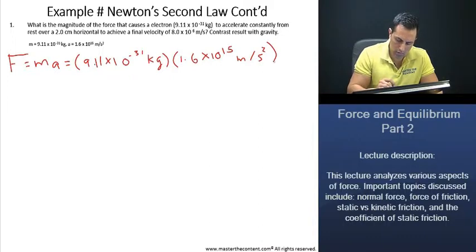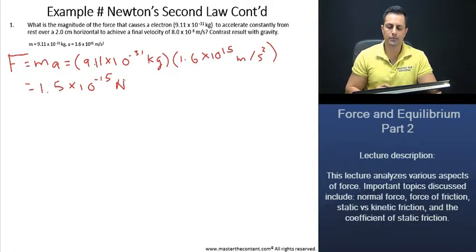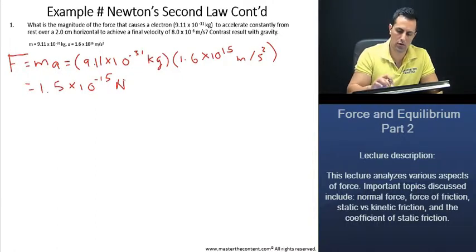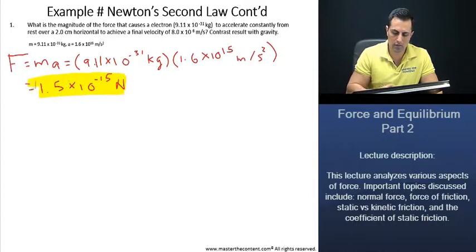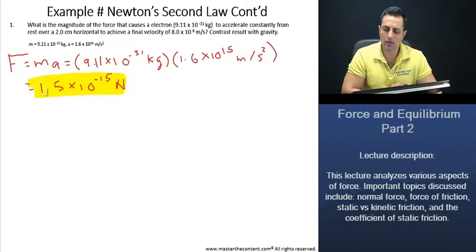Wonderful. And once you go ahead and equate this, you're going to get a value of 1.5 times 10 to the power of negative 15 newtons. Now, are we done? No, we're not done. Right now, we just found the magnitude of the force that causes the electron to accelerate constantly over that 2 centimeter horizontal.